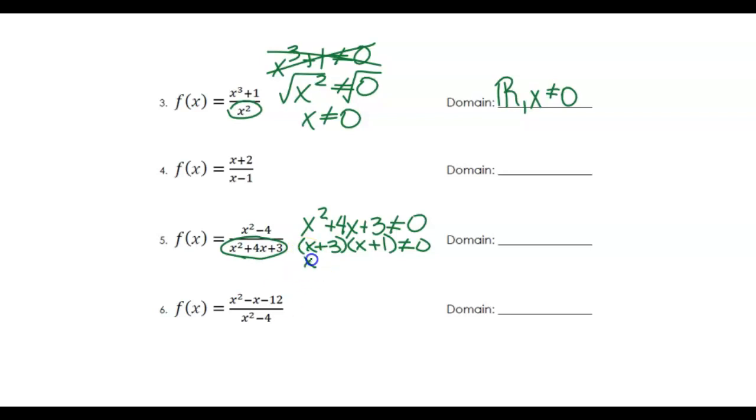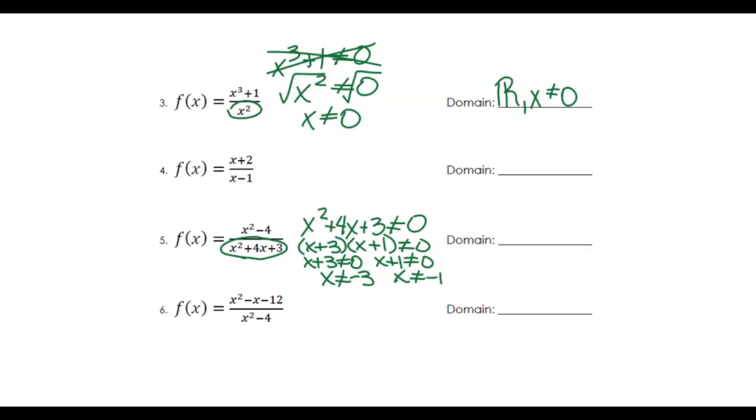So I've got x plus 3 can't be 0. And I also have what else? X plus 1 cannot be 0. So according to this equation, what can x not equal? And according to this equation, what can x not equal? -1.